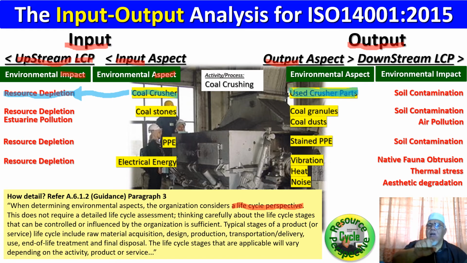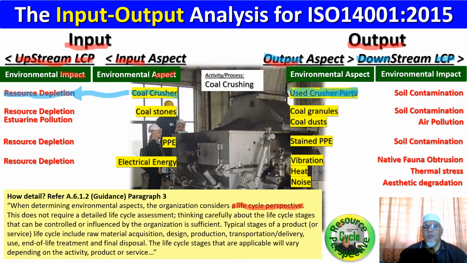It leaves this process as an output environmental aspect. So how to determine its environmental impact is by looking at its life cycle perspective. But which direction? Downstream. Got it? Of its life cycle perspective.